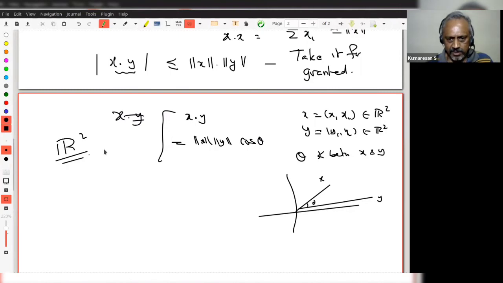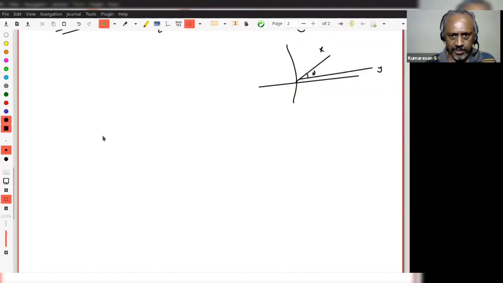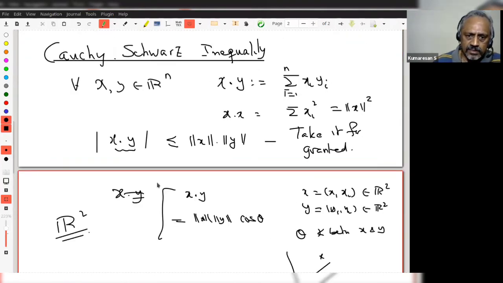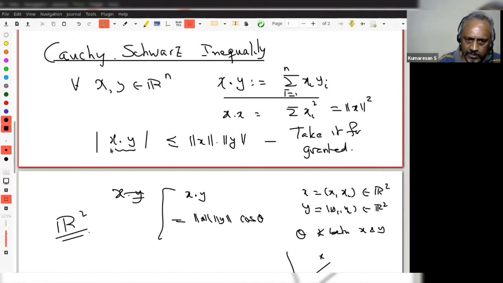From yesterday's discussion, I saw some of you already know that. But let's come back to this. This is all I will need. What is x dot y? This. And what is x dot x? It's nothing other than the length squared, the square of the length of the vector. And I have an estimate for the dot product: modulus of x dot y is less than or equal to the length of x into the length of y.